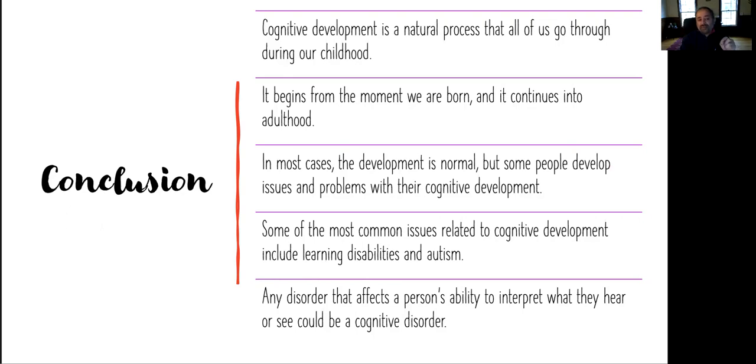In most cases, the development is normal, but in some people, developmental issues and problems may cause delay, and that's where you have some of the issues with cognitive development. Some of the most common issues related to cognitive development include disabilities and autism. Any disorder that affects a person's ability to interpret what they see or hear could be a cognitive disorder.